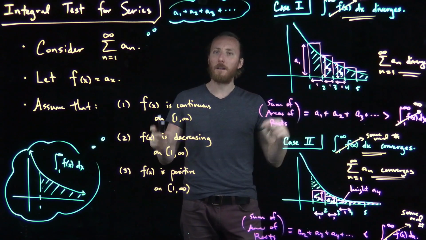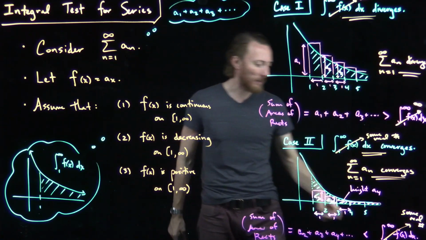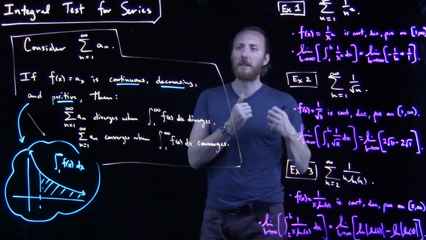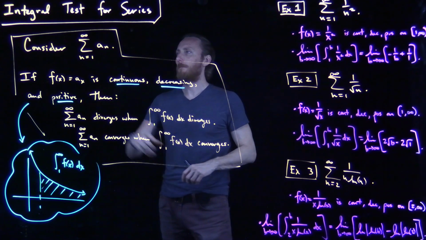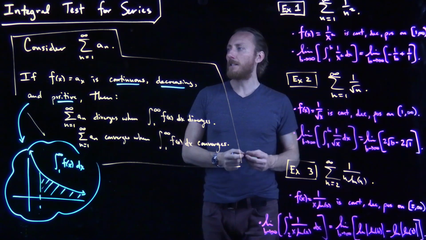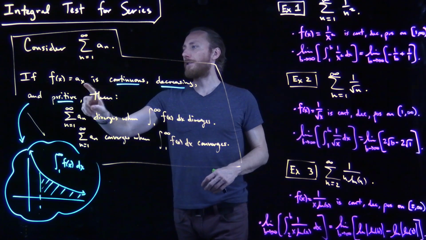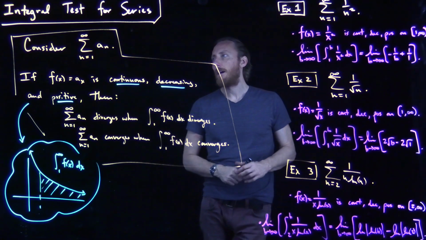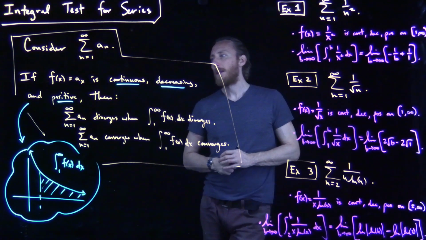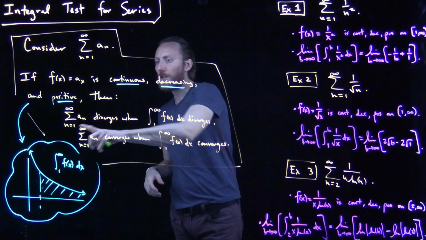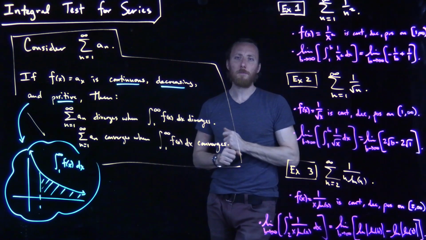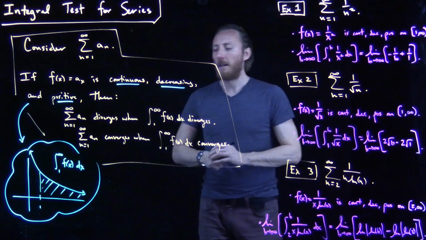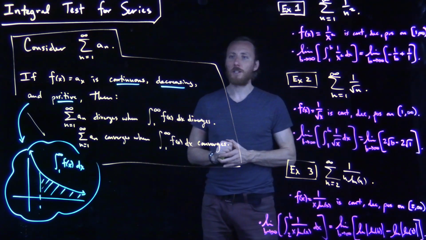So let me pause, clear the slate, touch base on this, and then we can really nail down the idea. So to summarize what we had worked together previously in those two cases, if we consider a series and the expression for that series when you replace n with x is a function that is continuous, decreasing, and positive on our interval of interest 1 to infinity, then the series will diverge precisely when the type 1 improper integral associated with our function diverges, and the series will converge when the type 1 improper integral associated with our function converges.